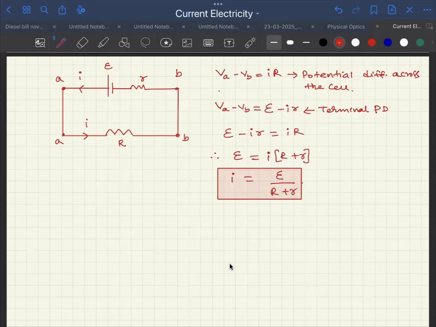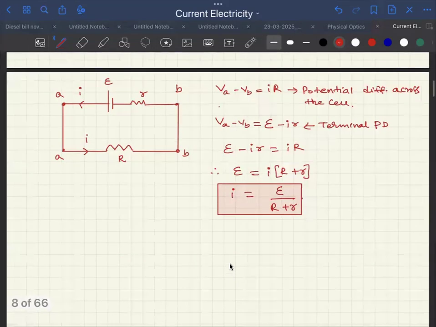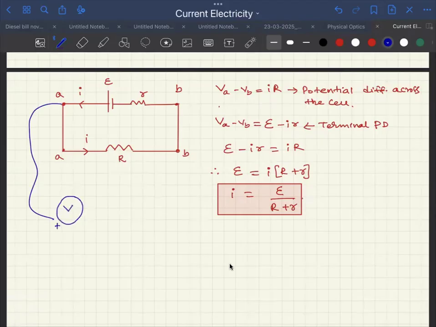And never feel that if you connect a voltmeter, now I am representing like this, with plus to here and minus to here, this is called a voltmeter.